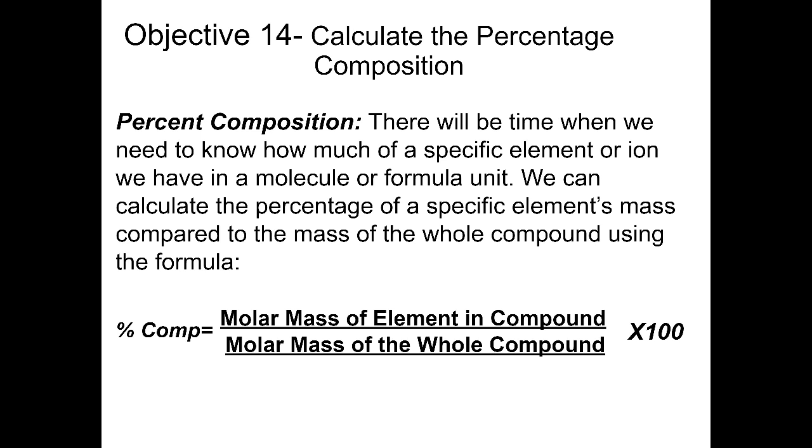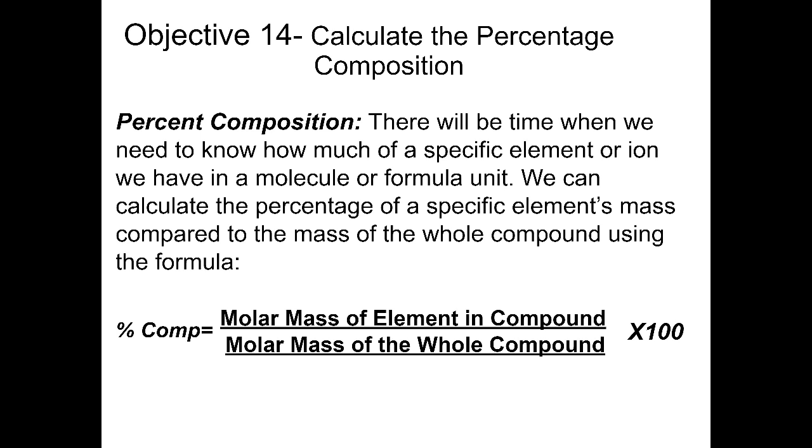To find the percent comp, we take 2 divided by 18 times 100. I'm not going to do that at the moment because we are about to jump into some problems.